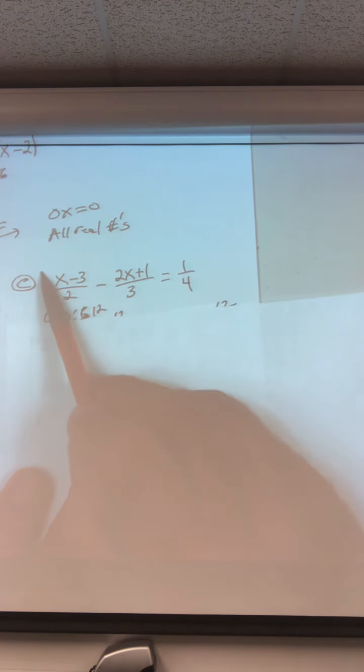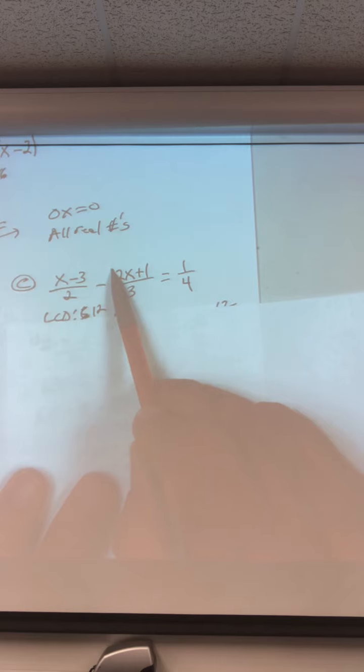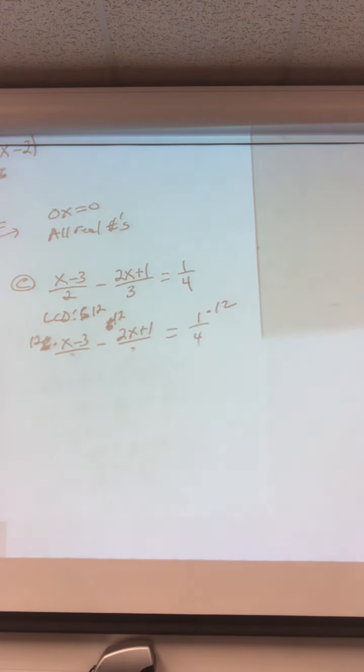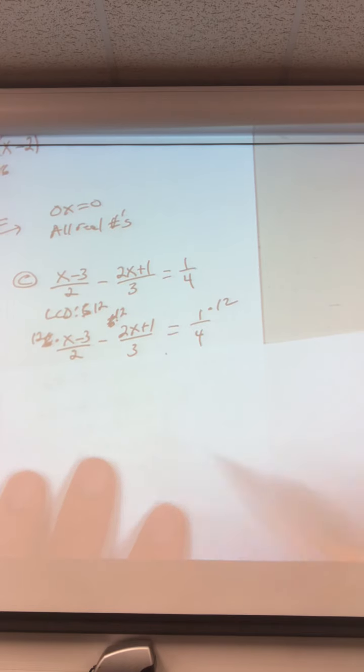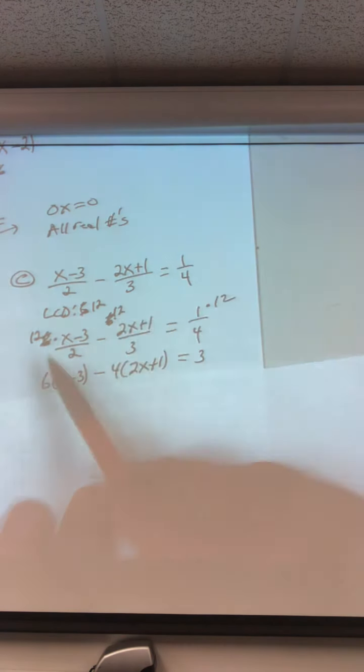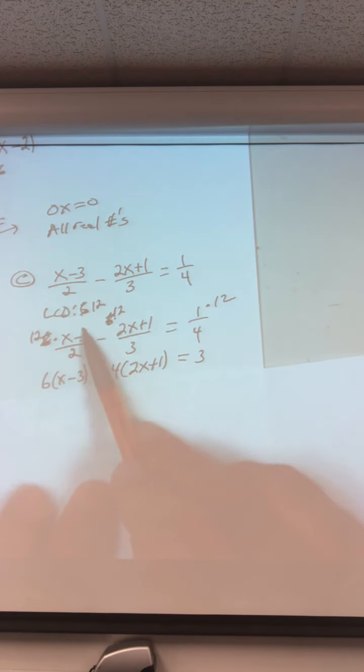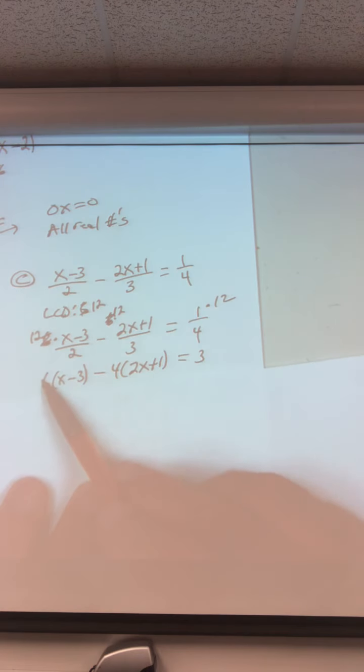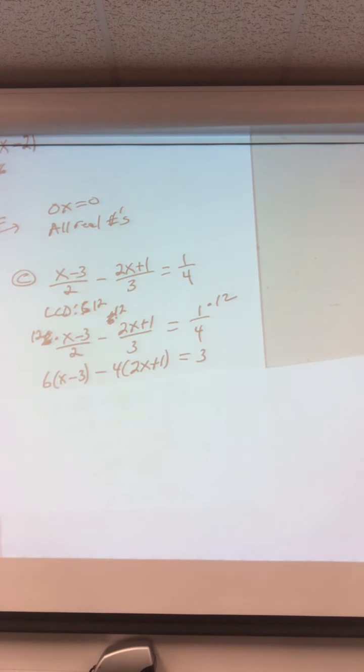So I'm going to put a 12 right here, a 12 right there, and a 12 right there. Now, let's cancel. How many times will 2 go into 12? 6. 2 goes into 12 6 times. Bring down the x minus 3. I will distribute that in the next step.